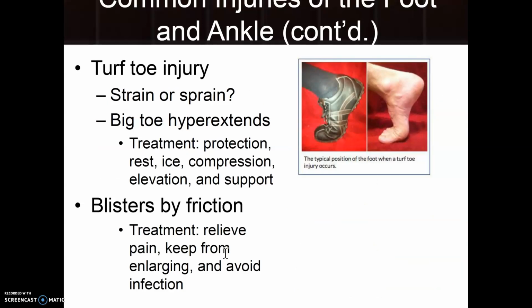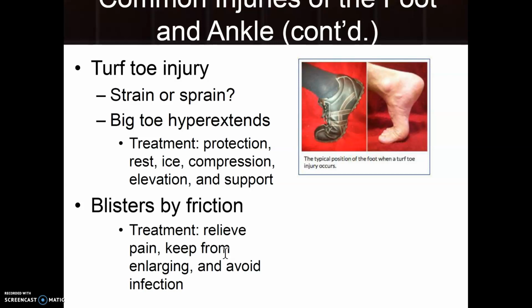Turf toe, another injury that's common in the foot, ankle, lower leg. Obviously, this is in the great toe. Is it a strain or a sprain? Most of the time, the ligaments that hold the toe bones together are what is stressed.